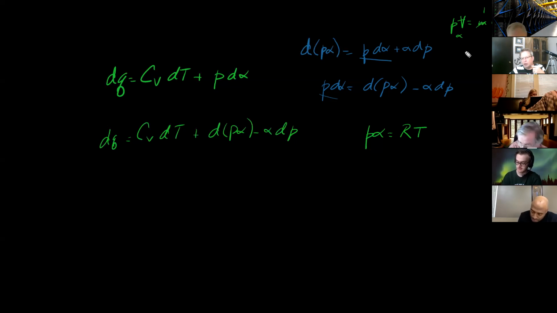Or if you preferred, you could have said P equals rho RT, and P alpha equals RT. That's why we're saying the inverse of density.